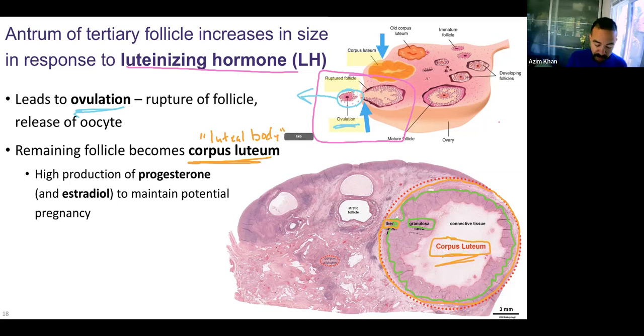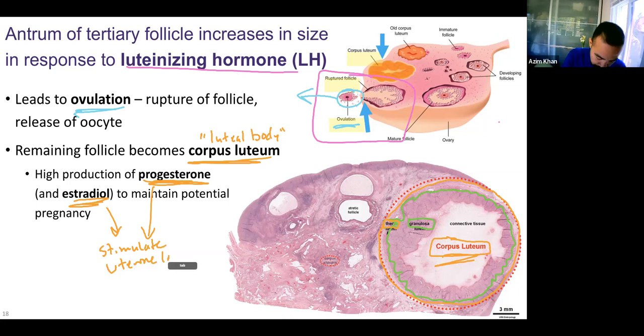Not only are you producing really high amounts of estradiol, but you're also producing high amounts of progesterone. Together, estradiol and progesterone, the hormone that promotes gestation, stimulate the lining of the uterus and help the uterus prepare for a potential pregnancy.